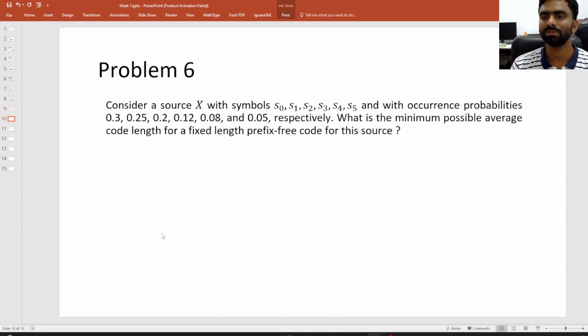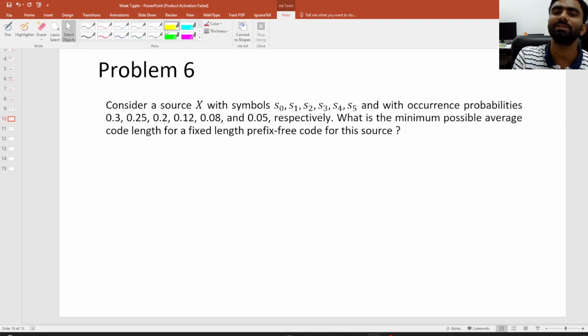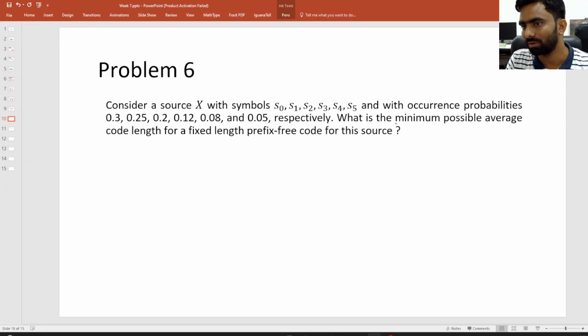Now problem number 6. Now consider the same symbols with the same probabilities. Here we have to calculate the minimum possible average code length for a fixed length prefix free code. So what is the answer here? It is also the minimum possible average code length, but the condition is a fixed length prefix free code.